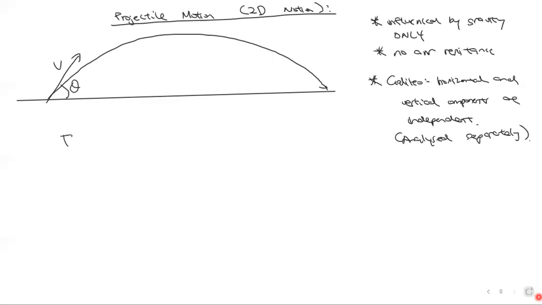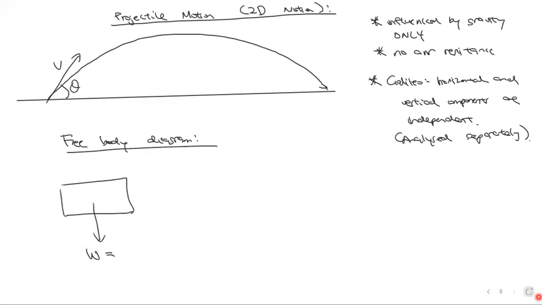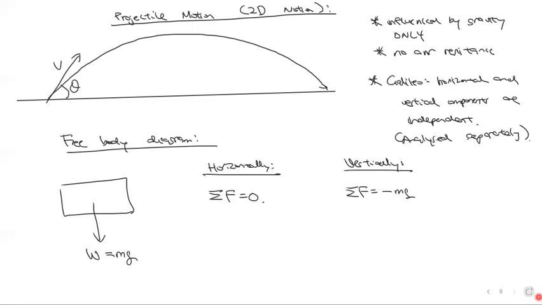So think about what we've just talked about. And if you consider the free body diagram, the free body diagram would then, as we discussed, mean that it's just the weight equal mg downward. So that means if we think about it horizontally, there is no net force. And if we think about it vertically, the net force is just negative mg.